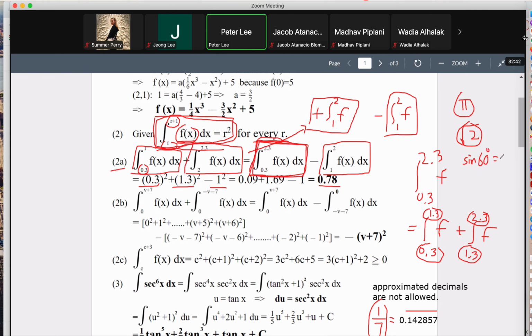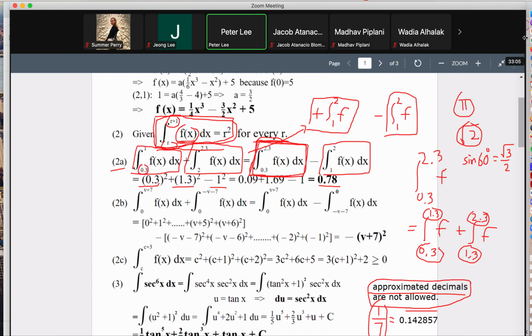Sine 60 is square root of 3 over 2. You are not going to convert this to decimals. In decimal, that would be about 0.866, but that's an approximation, so that is not allowed. Any kind of approximated decimals are not allowed. All right? Is that clear?